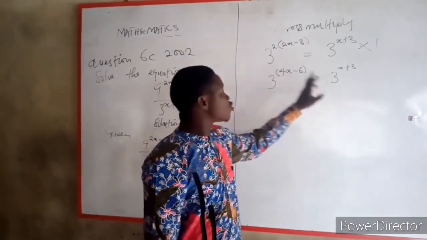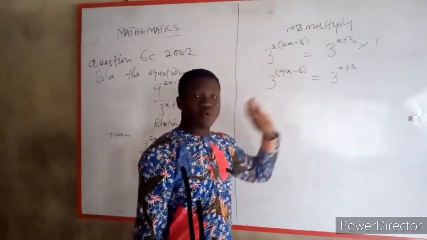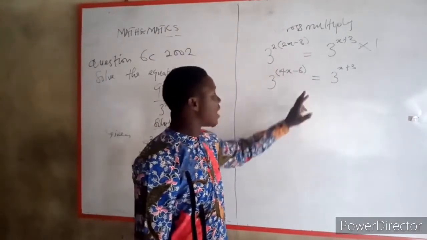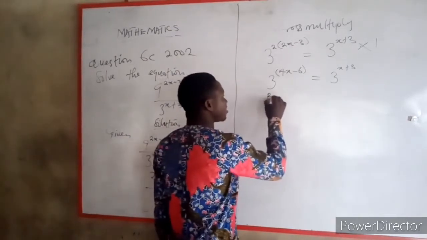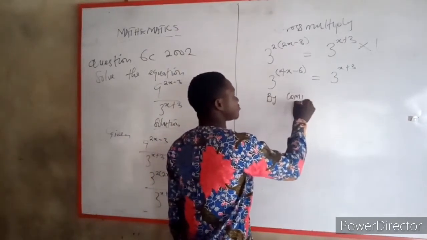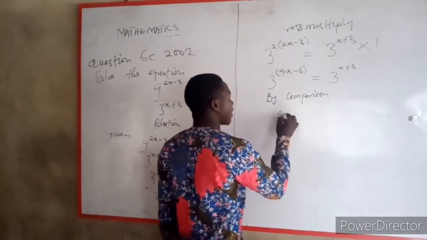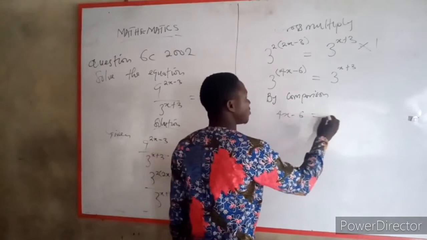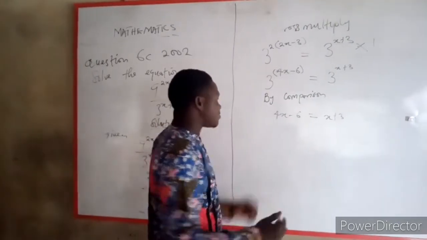So by comparison, the powers will also be equal since the base numbers are the same and there's an equal to sign here. So by comparison, 4x minus 6 will now be equal to x plus 3. So from here you collect like terms.